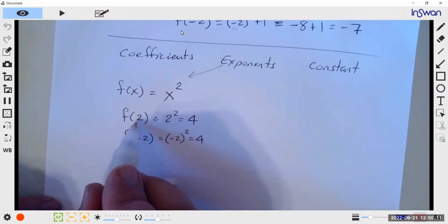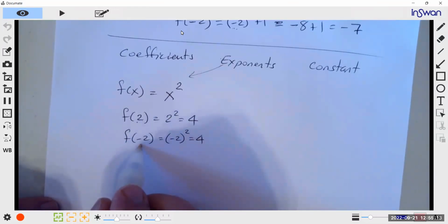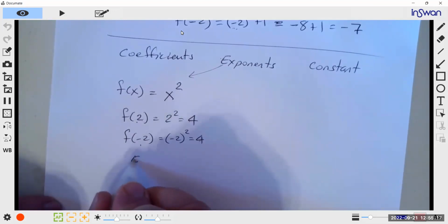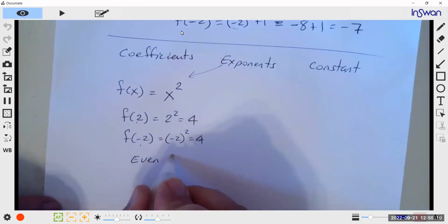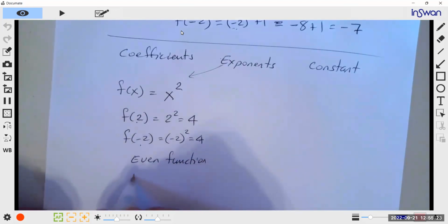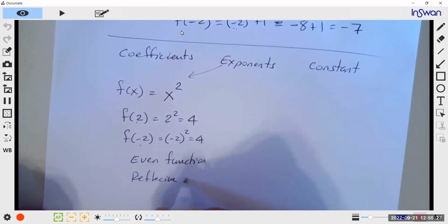So x changed from positive to negative, the answer stayed the same. So this is an even function because it's reflexive about the y-axis.